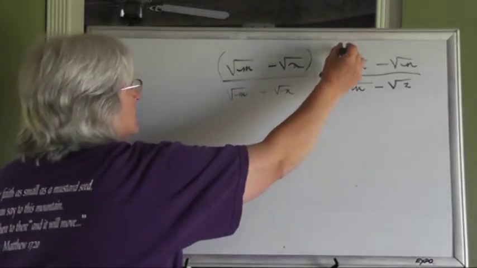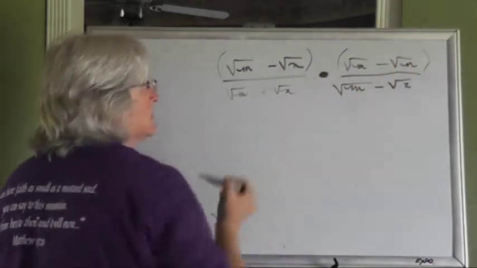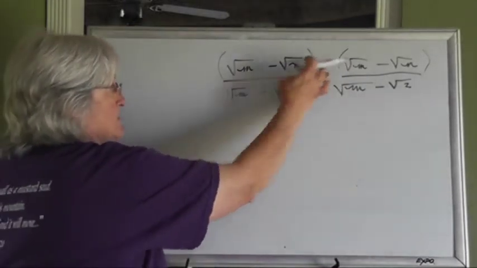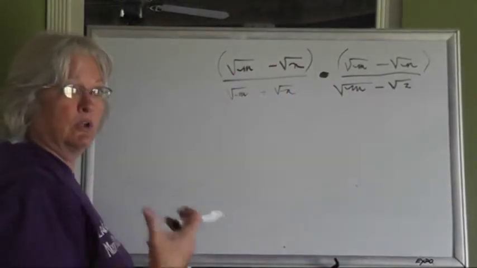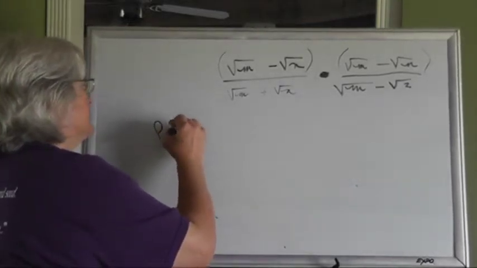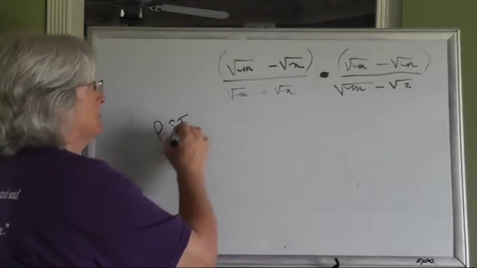So we have square root of m minus the square root of n squared. Since that factor is being used twice, you can go ahead and use FOIL and multiply it out, or you can remember that that's a perfect square trinomial.